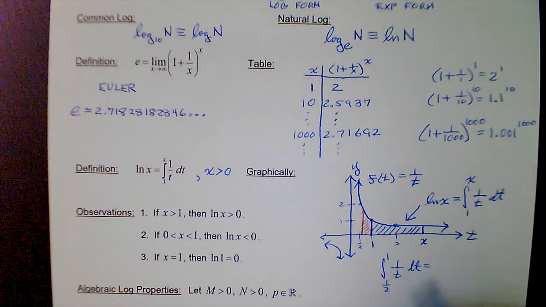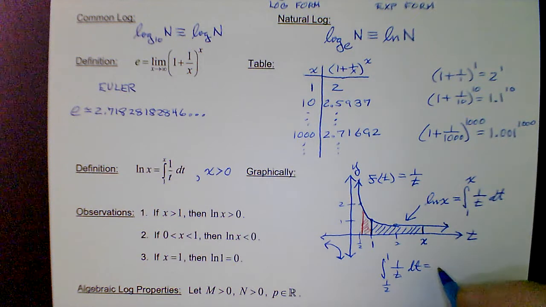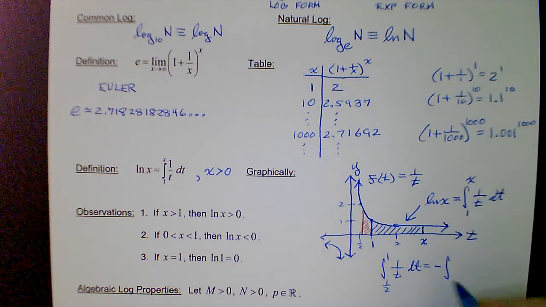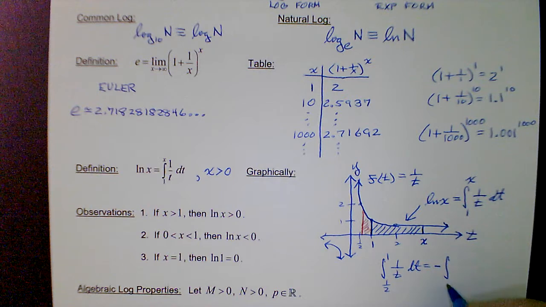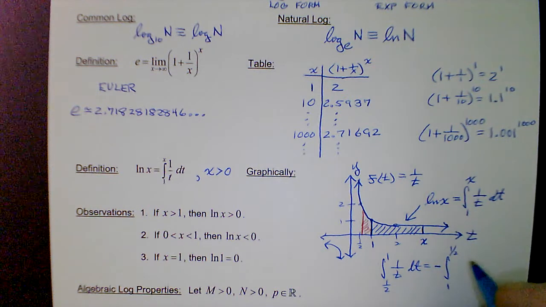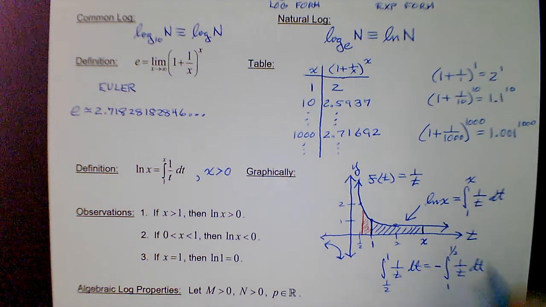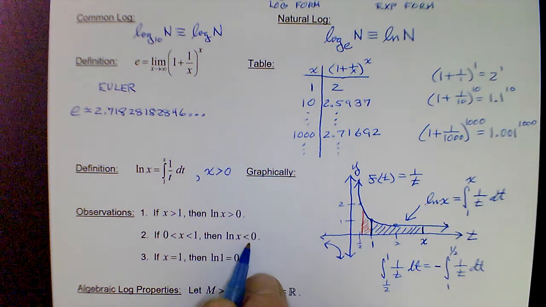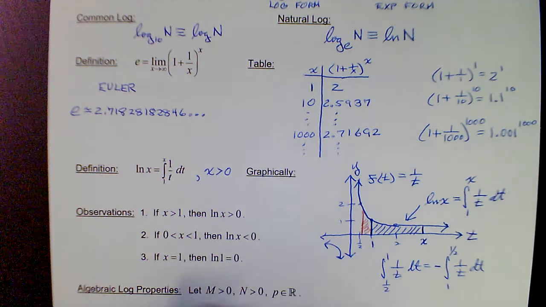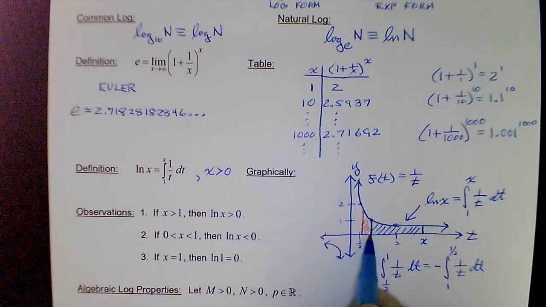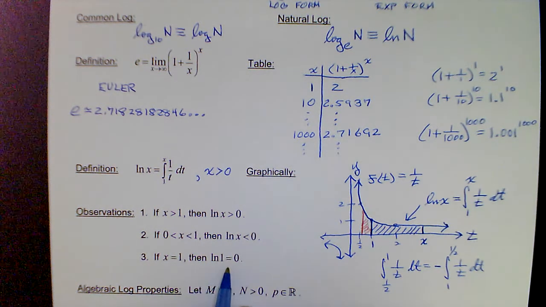But it's a property from Calculus 1 that you might remember. You could switch the limits of integration, but it would be the opposite. So the integral from 1 to 1/2 of 1 over t with respect to t. So this ends up being negative. And then if x is equal to 1, well, you don't have any area at all, so the natural log of 1 is 0.